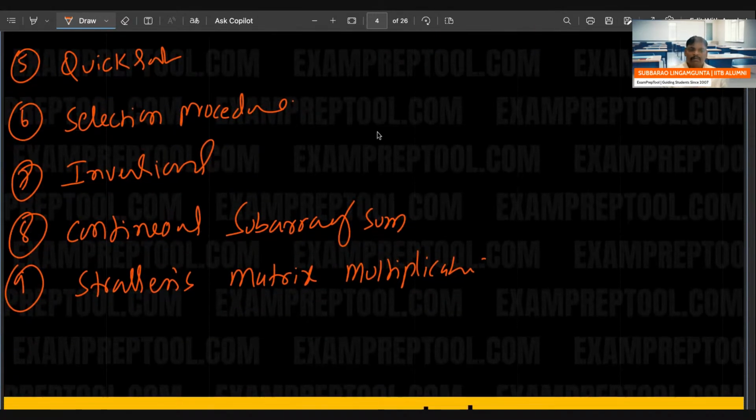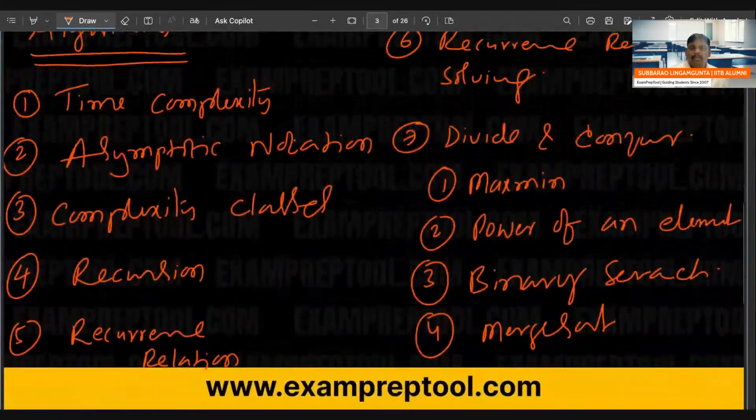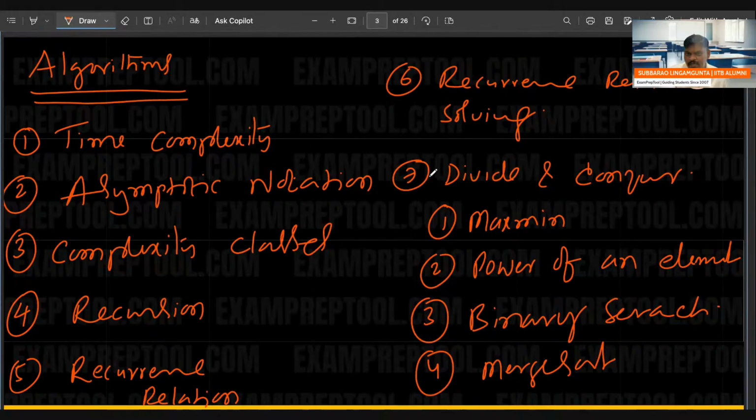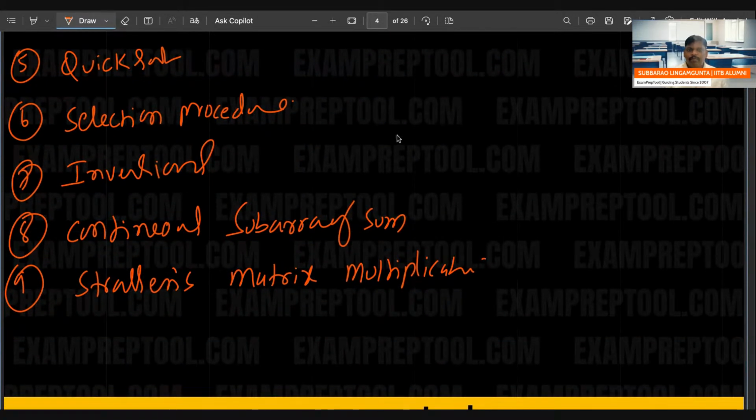Divide and conquer is chapter number 7. Let's go to chapter number 8, greedy technique. In that, first one is knapsack problem.